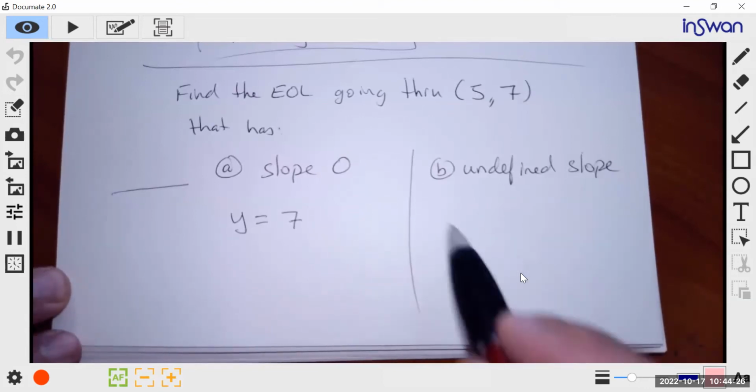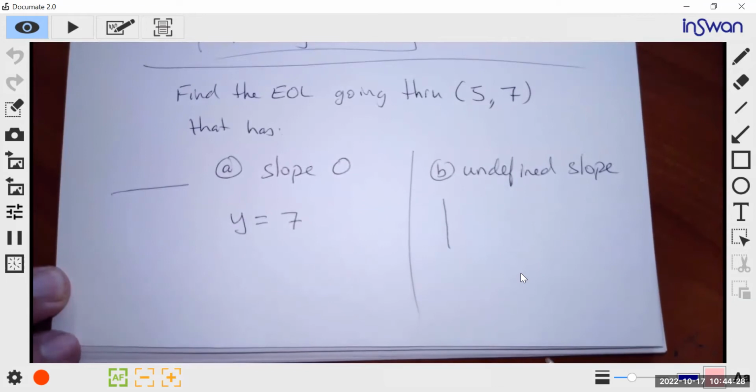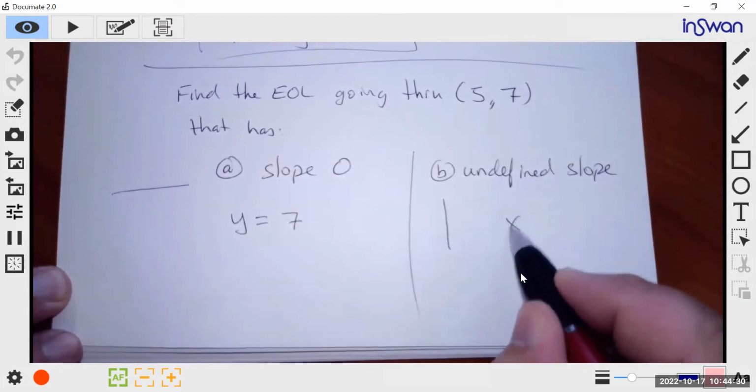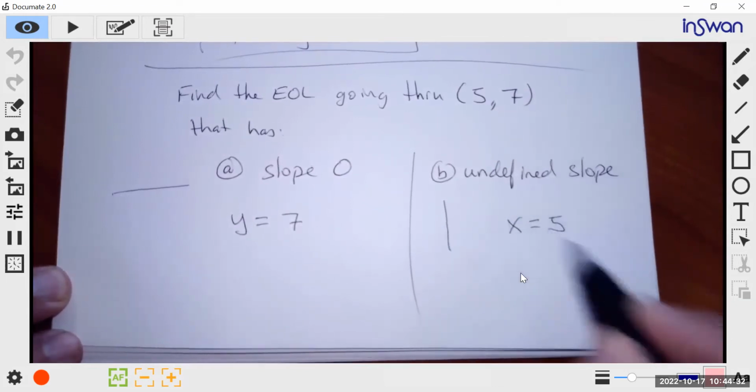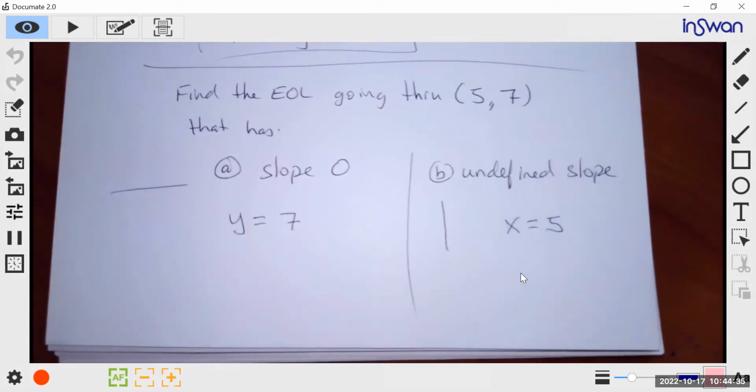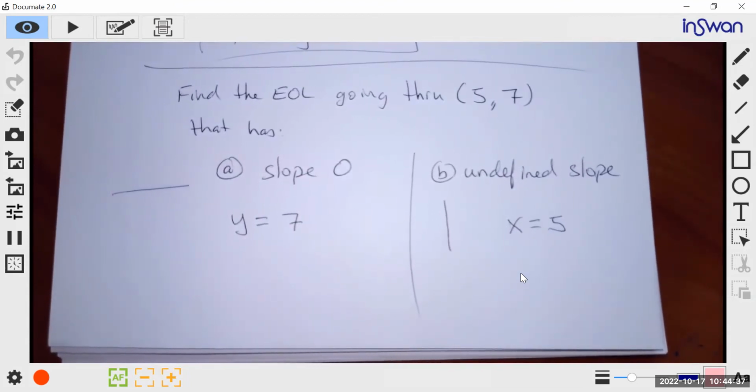If the slope is undefined, it's a vertical line. It only crosses the x-axis. So it's the x value. We just talked about it about half an hour ago.